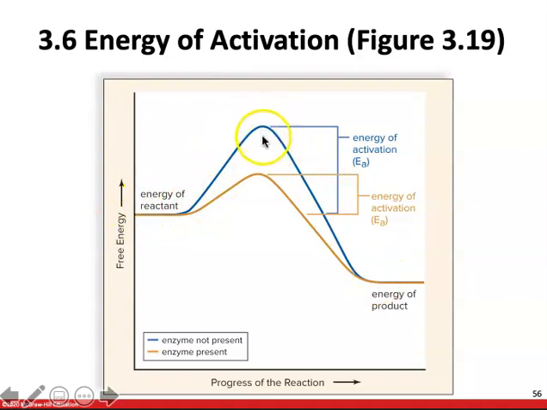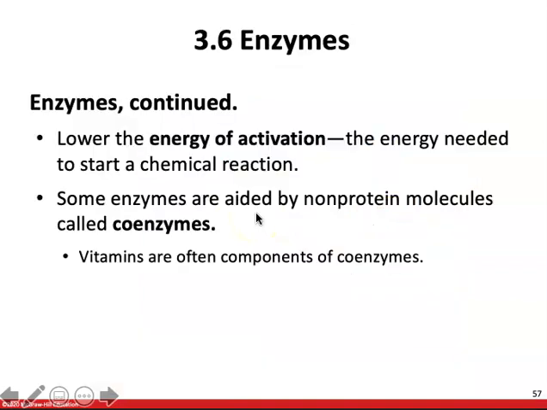So what happens is that enzymes lower the activation energy. They lower the amount of energy that is required to bring those 2 Lego pieces together. So that's how enzymes work. Enzymes work by lowering the energy of activation, the energy that is needed to start a chemical reaction.